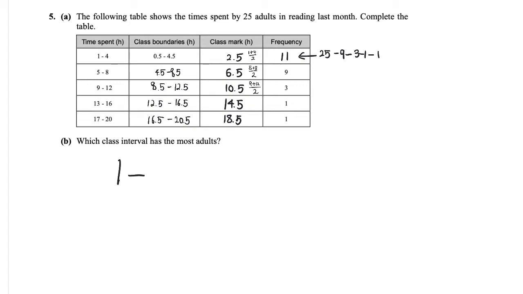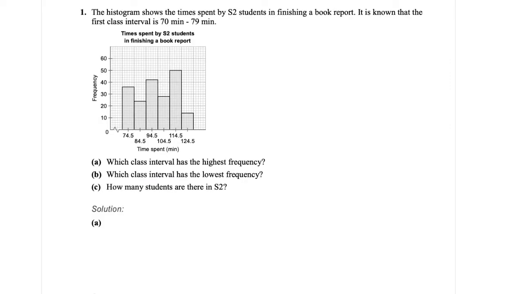So obviously 1 to 4. Okay, for this one, you can see which one will have the highest frequency. So this one, and you should know this is the class mark. So you want to find out the interval, you should know that the first one will be 7 to 79. That is why basically you can find it out by considering it.